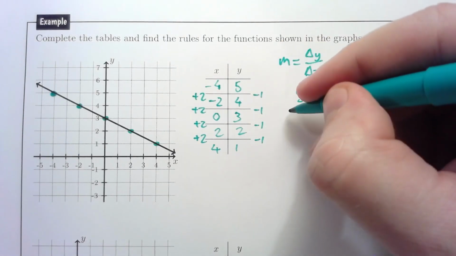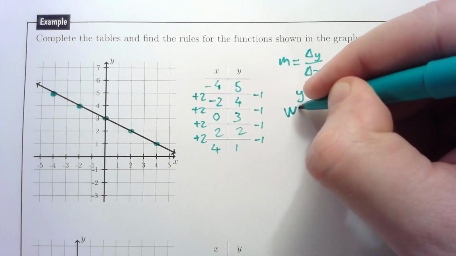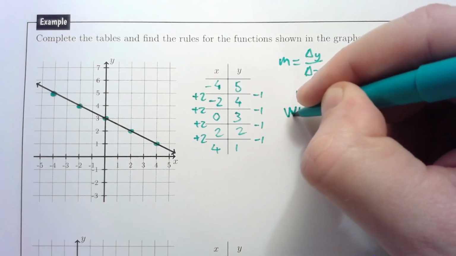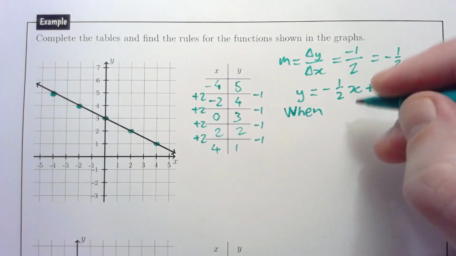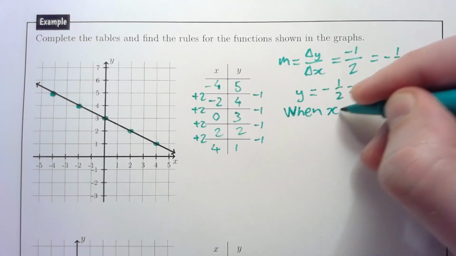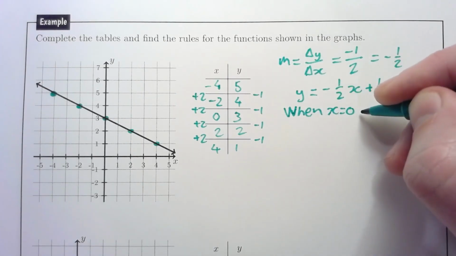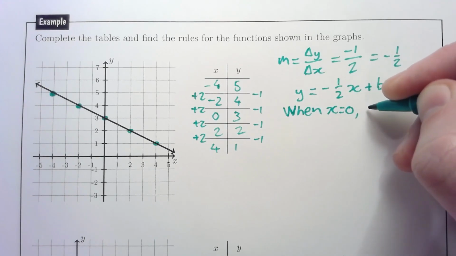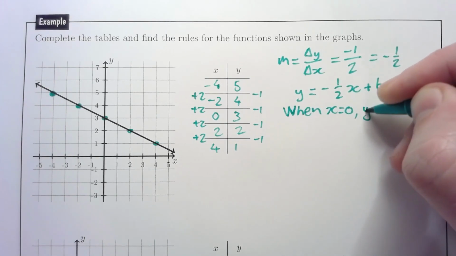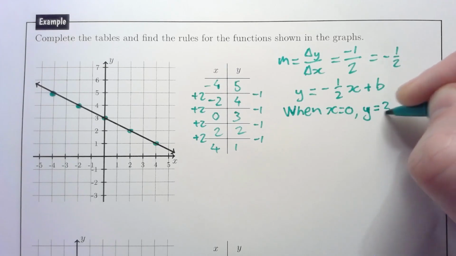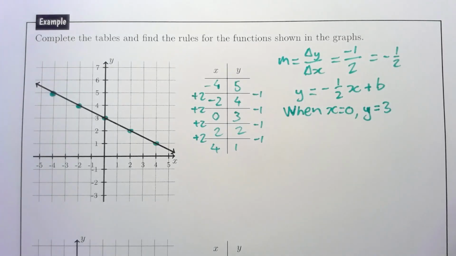Now, we need to pick an entry in our table to help us figure out what b is. And you probably guessed from last lesson what entry I'm going to pick. We have one where x equals 0, so that's the one we're going to use.